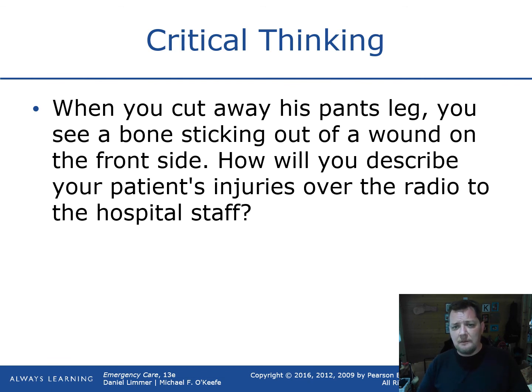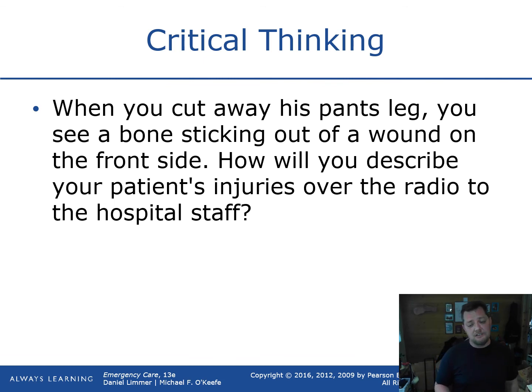Okay, so you need to be precise, but you also need to keep out unnecessary words. All right, so in this patient, you've got a wound on the left arm, a gash on the right side just above the wrist, and bone sticking out of a wound on the front side.